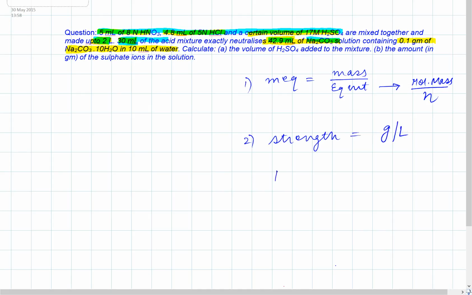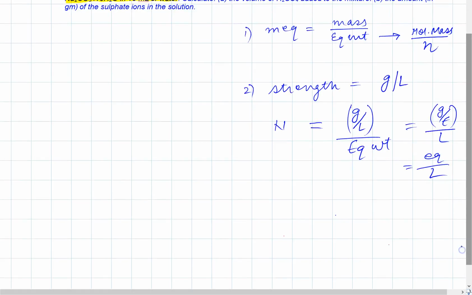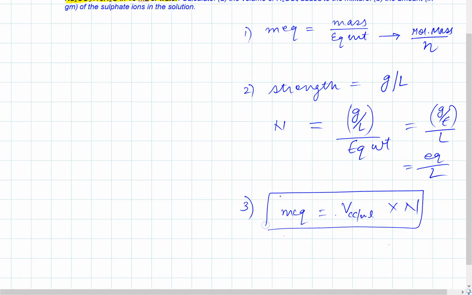If you know the strength, you can find its normality: grams per liter divided by equivalent weight. Effectively this becomes G upon E divided by L, which is the number of equivalents per liter of the solution. Third, the number of milli equivalents is equal to the volume in cc or milliliter into its normality. That will give you the number of milli equivalents. This formula directly follows from the formula above.